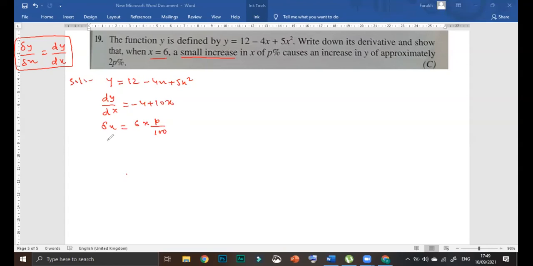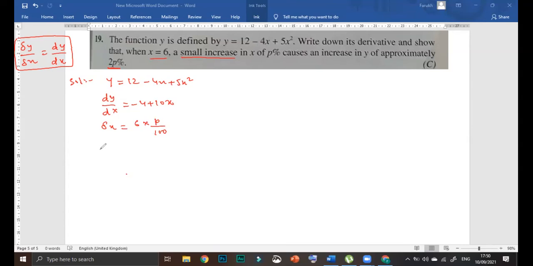Is there any question? No, sir. Cause an increase in y of approximately 2p%. We want to show that del y is 2p%. So we will use del y over del x is equal to dy over dx.